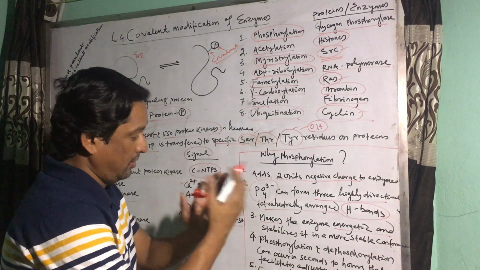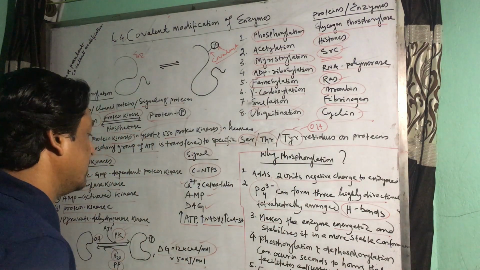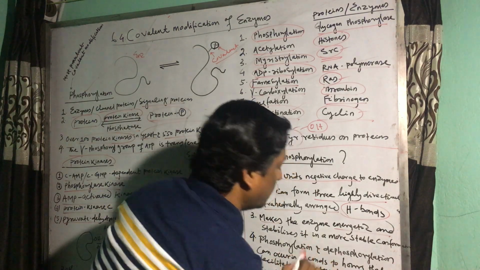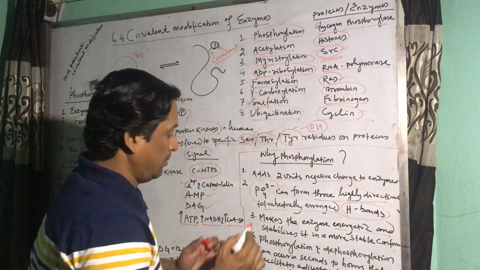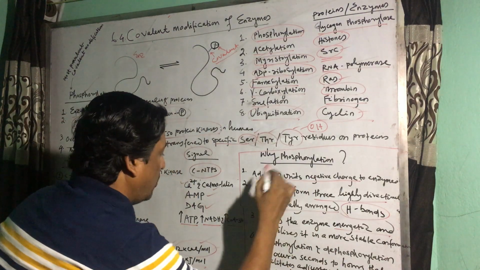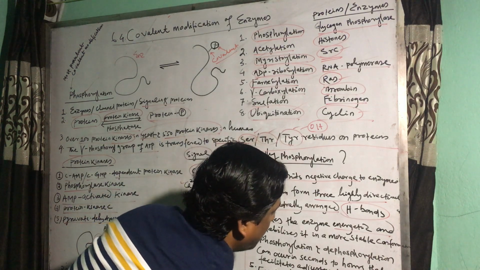So the protein becomes energetic, and this energy facilitates a conformational state in the protein which is much more active than the inactive protein. And phosphorylation is a process that evokes highly amplified effects.